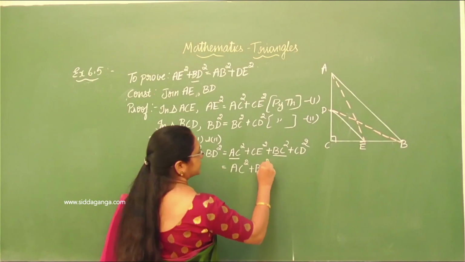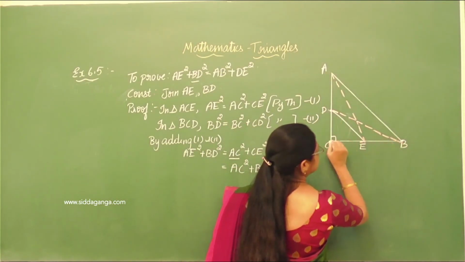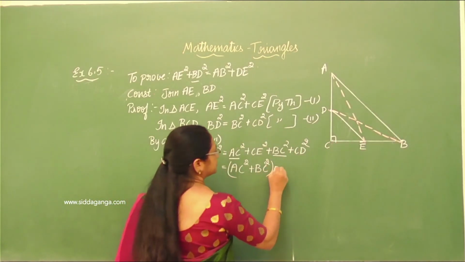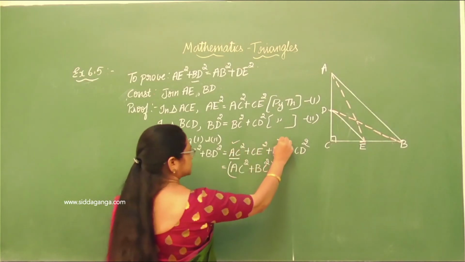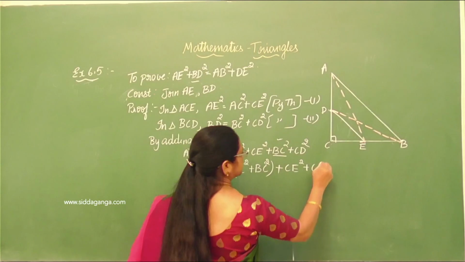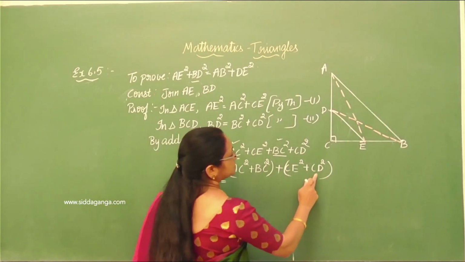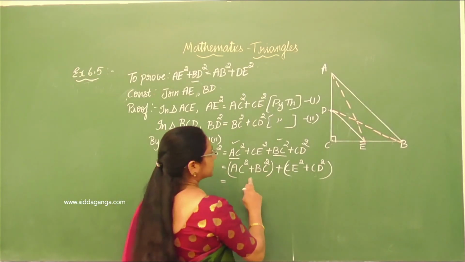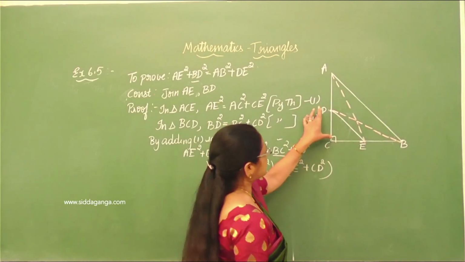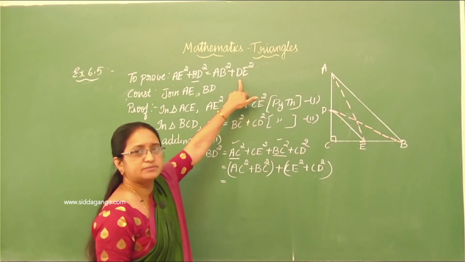Look at the diagram: AC square plus BC square is equal to AB square. So I am grouping these two, and I'll group CE square plus CD square. Just observe from the figure, CE square plus CD square is nothing but DE square. So that is what we needed, correct?